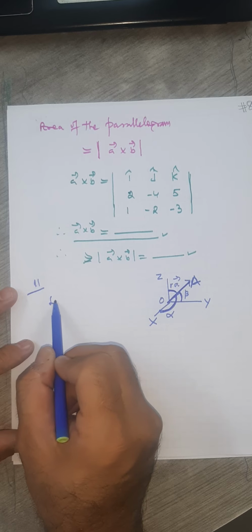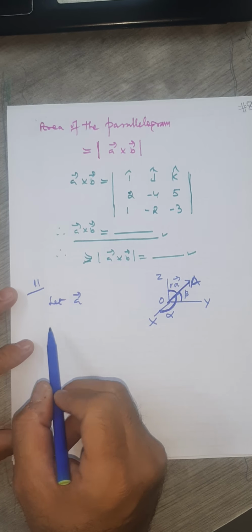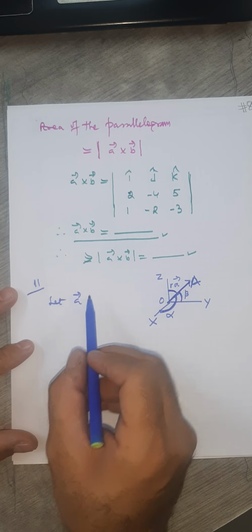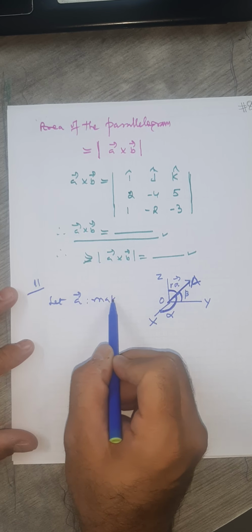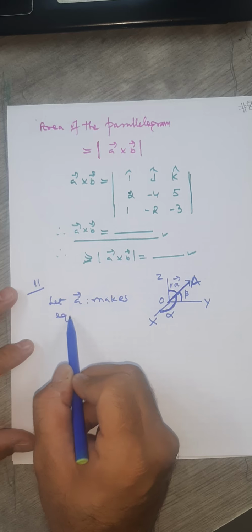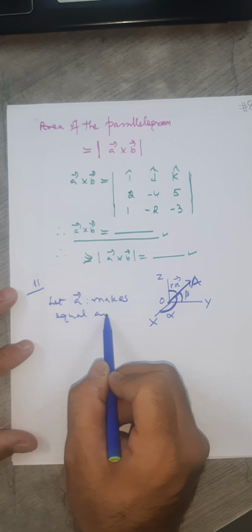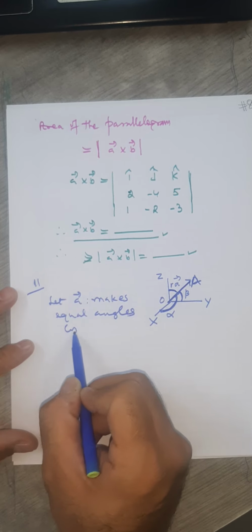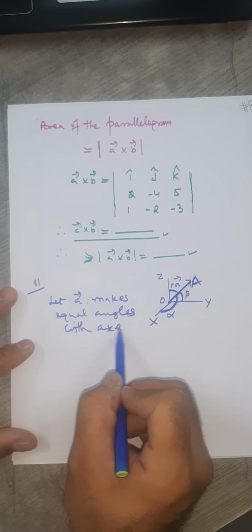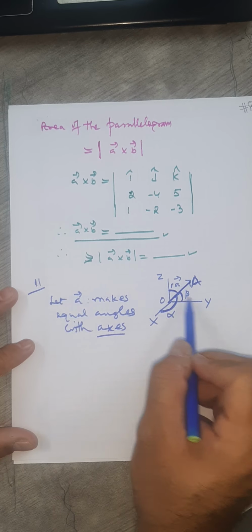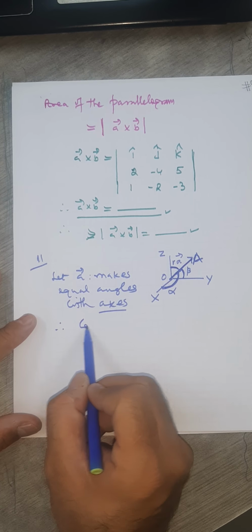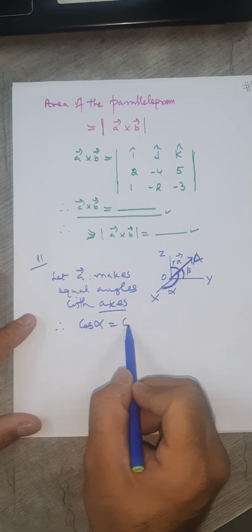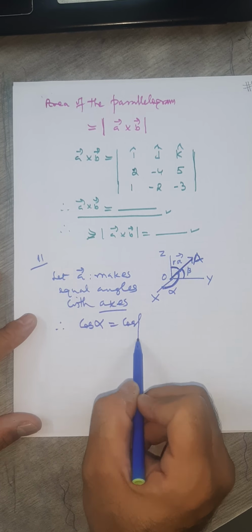Okay. So let vector A, for example, make equal angles with the axes. Axes means the three axes OX, OY and OZ, remember. So therefore cos alpha equals cos beta equals cos gamma. You know this.